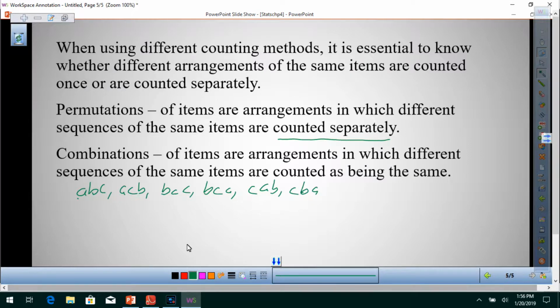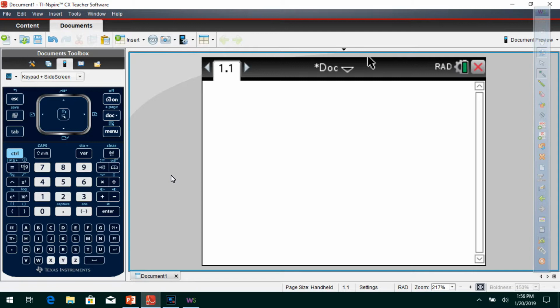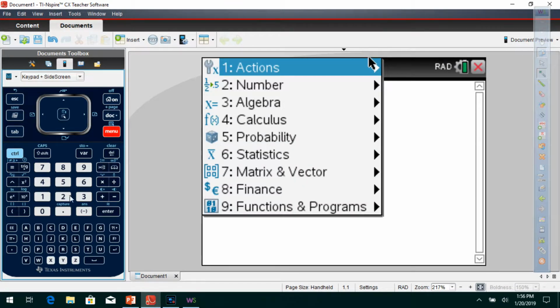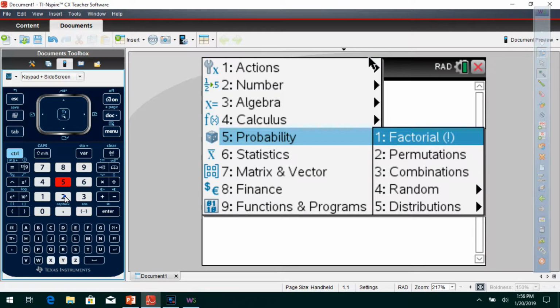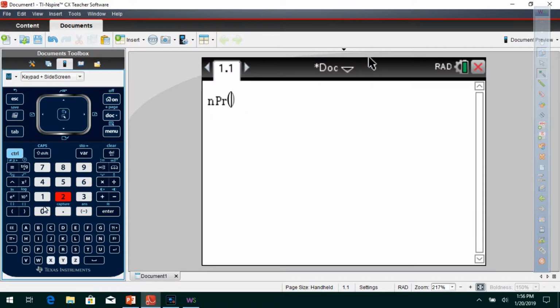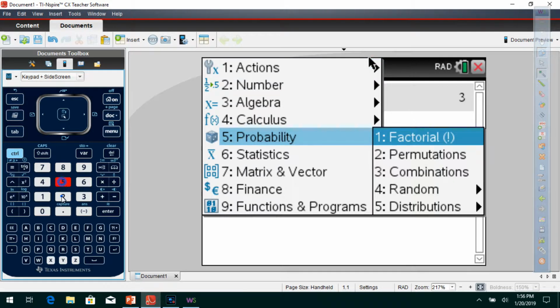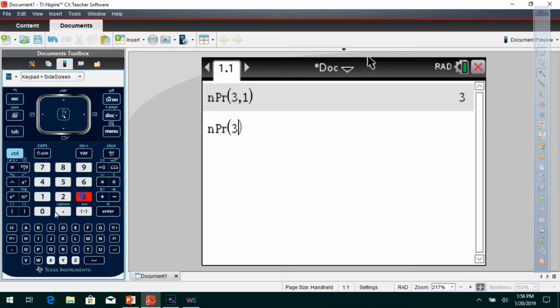Now let me show you something else in your calculator. If you want to calculate permutations, press menu, then 5, 2, and enter 3, comma, 3, and that gives you 6.